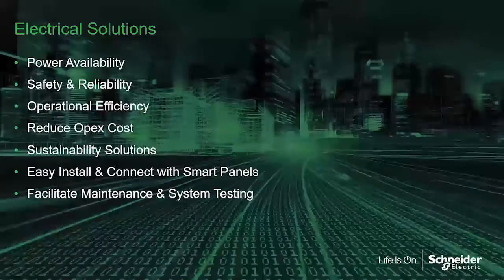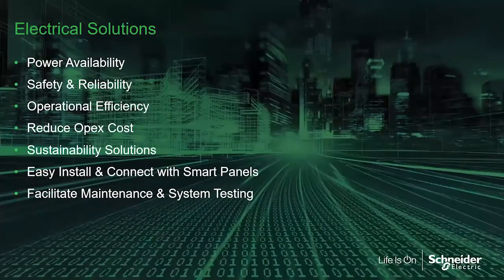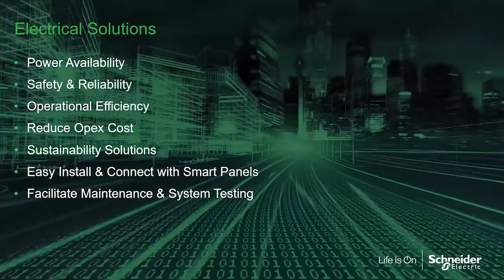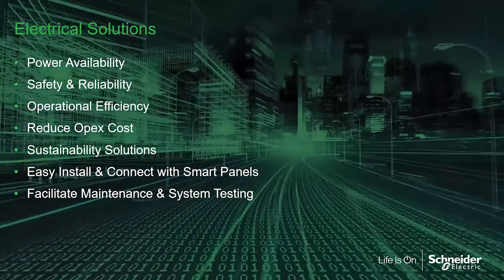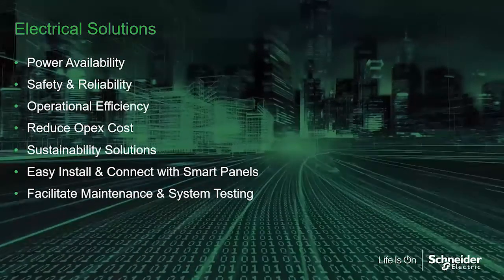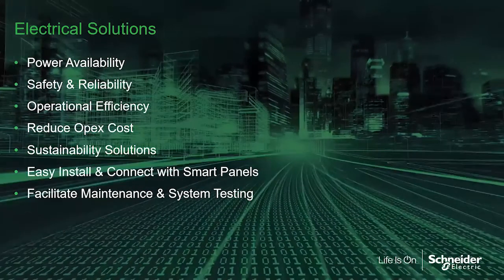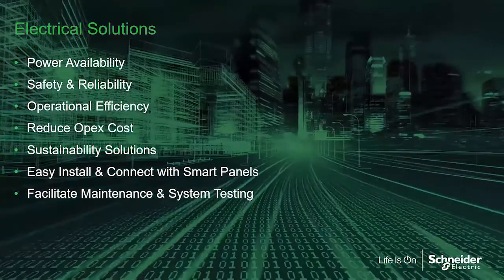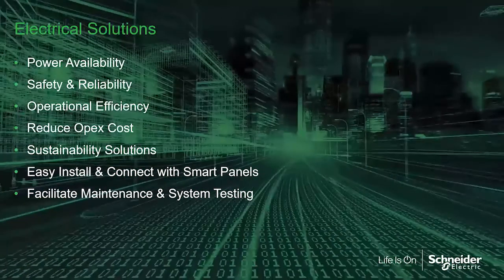We need to ensure everything's efficiently running, and this is both to reduce OPEX and improve sustainability. So you want to reduce the amount that we're spending on energy, but also make sure that we're putting out as few emissions as possible.